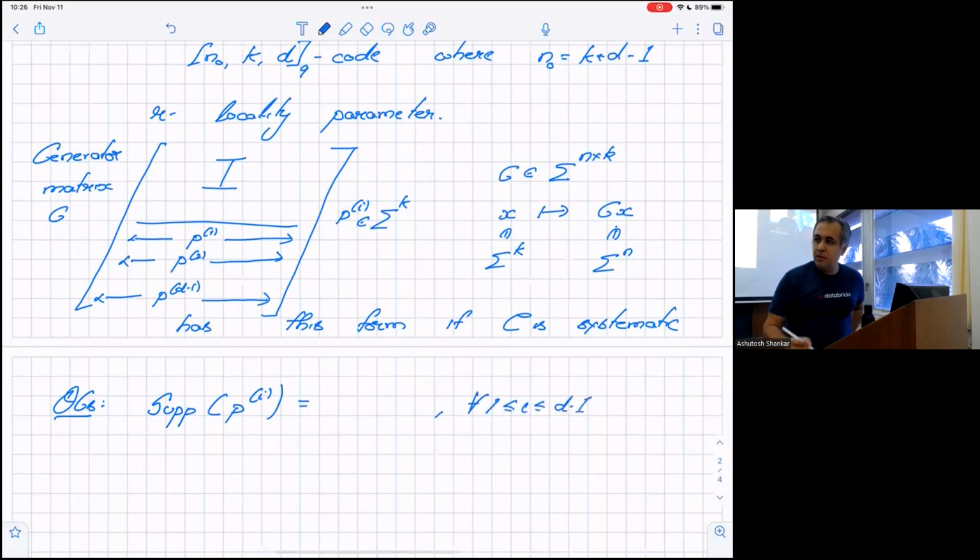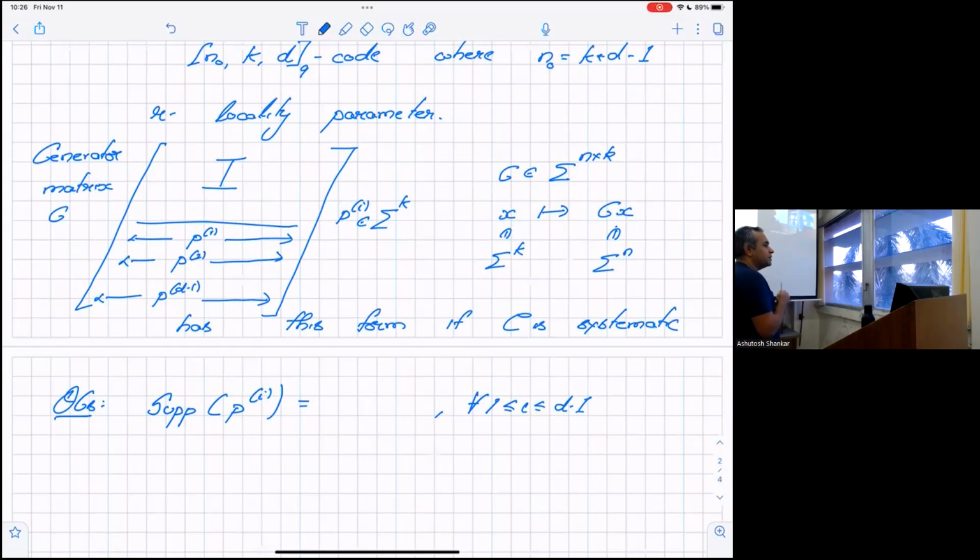You follow my question? Each PI represents a linear combination of the K message symbols. Suppose it doesn't involve a message symbol. What do we know about this?